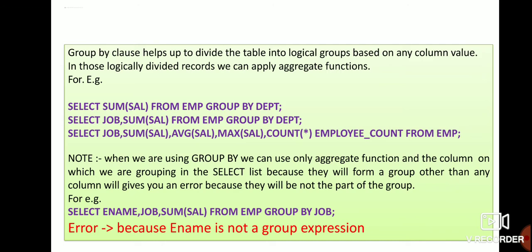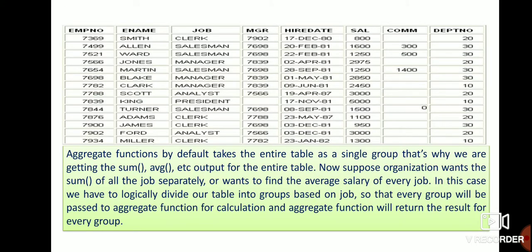So what will happen? What will be the answer? Department is there, like the 10th department I am checking. How many departments are there? 1, 2, 3. So it will calculate the sum of the 10th department, then the sum of the 20th department, and then the sum of the 30th department.